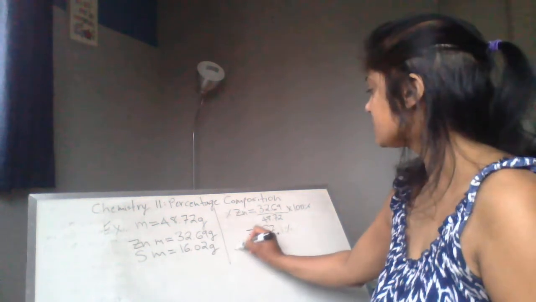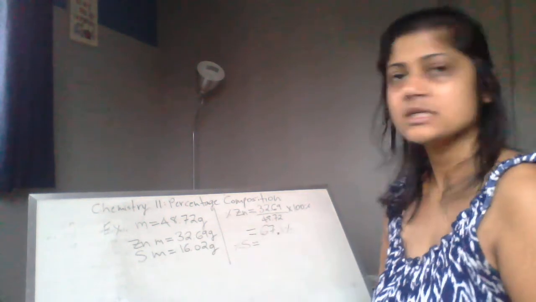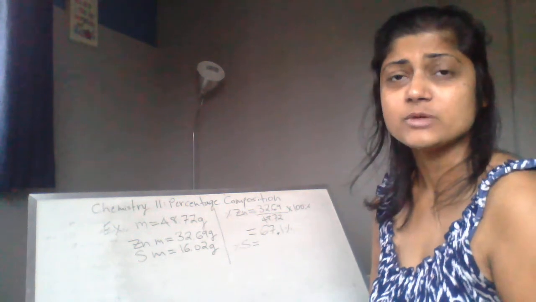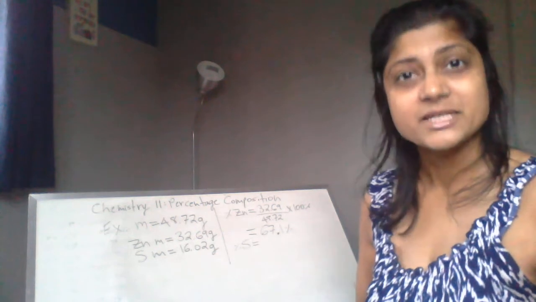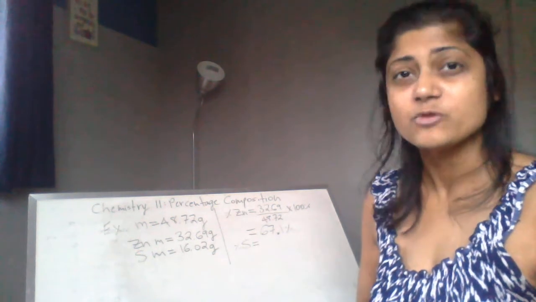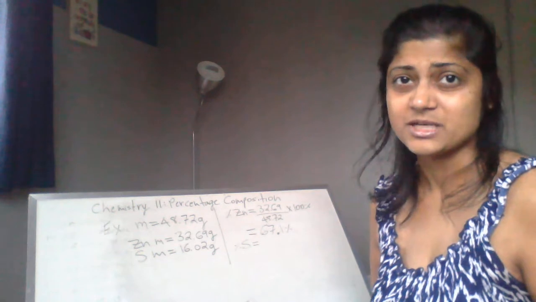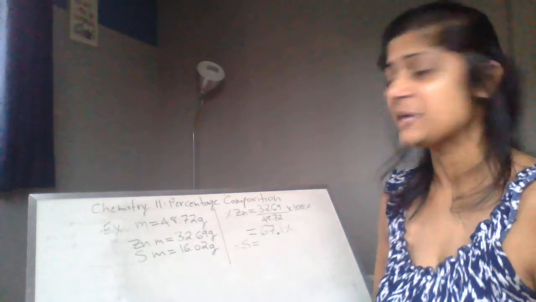Okay, let's try the percentage of sulfur. Now some teachers might want you to write out a formula. That is up to your teacher, and some teachers are picky again, so make sure you're writing the formula before you plug in the actual values. Because I know this is a little bit of simple math.